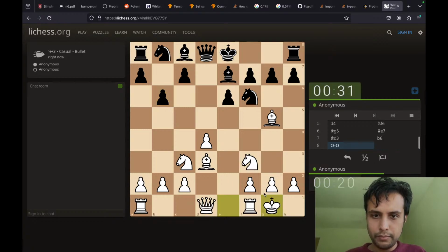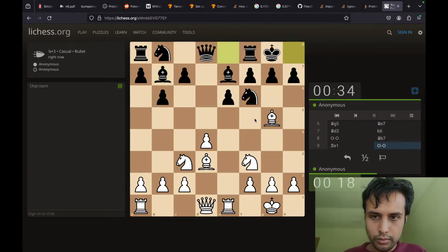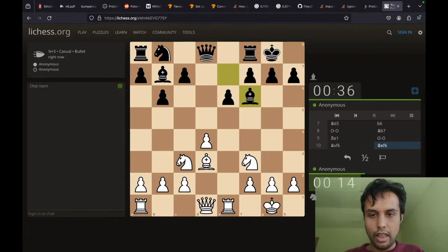Just castle. Oh, he's gonna castle, right? Yeah, let me just trade everything. I just want to quickly end this just to show the arrows.